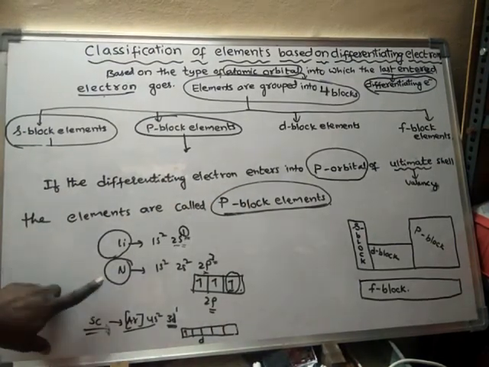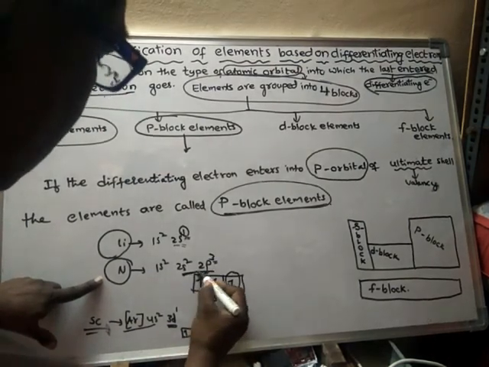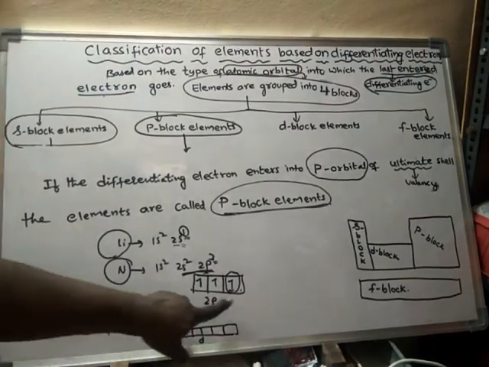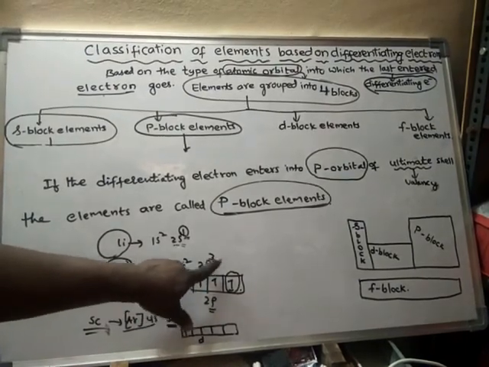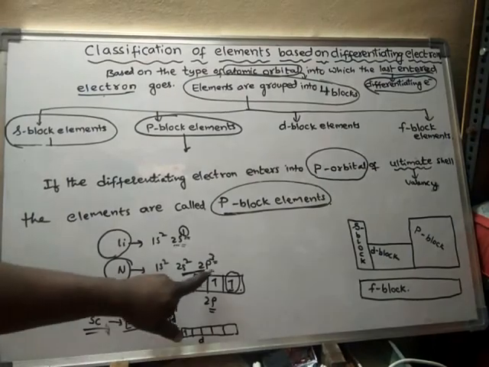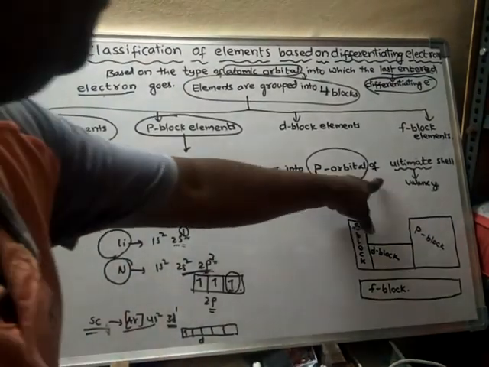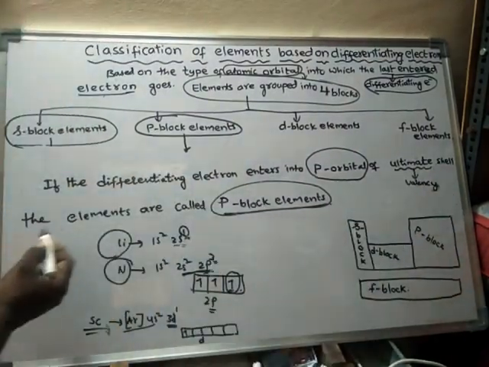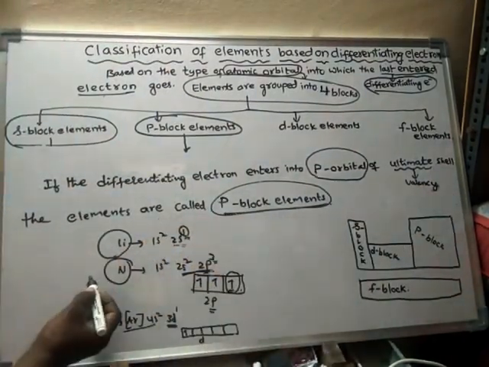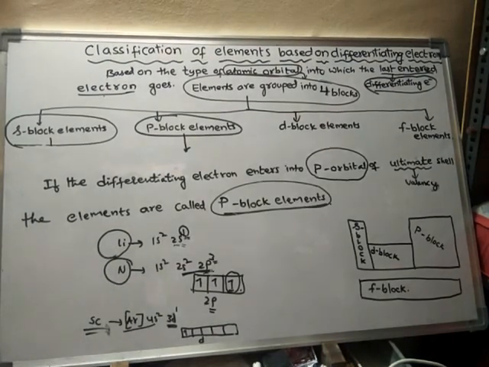Here in nitrogen, the second orbit is the last orbit, and the last electron has entered into the p orbital of the last orbit. So if the differentiating electron enters into p orbital of the last orbit, or else valency shell or ultimate shell, the elements are called p block elements. So nitrogen is a p block element.